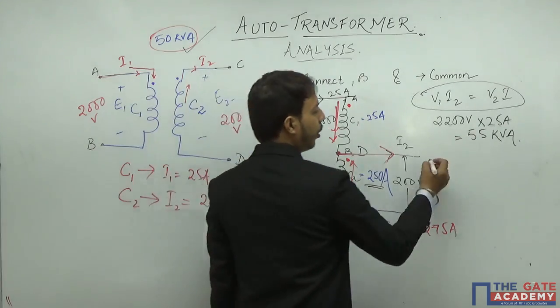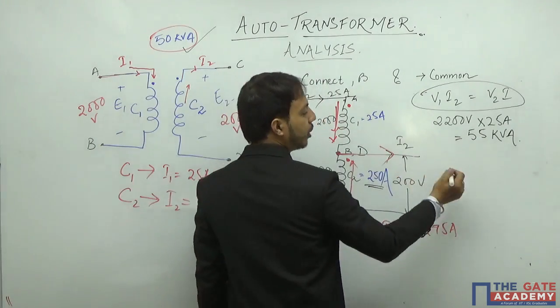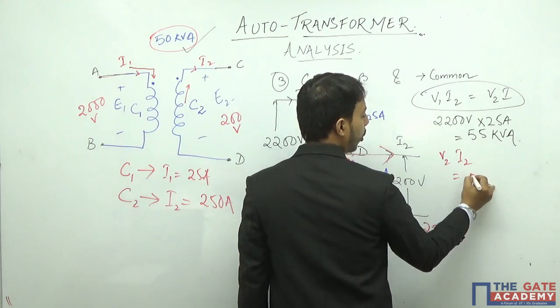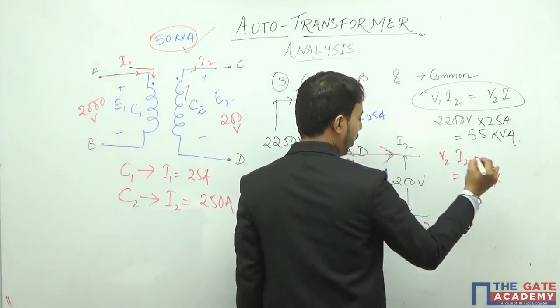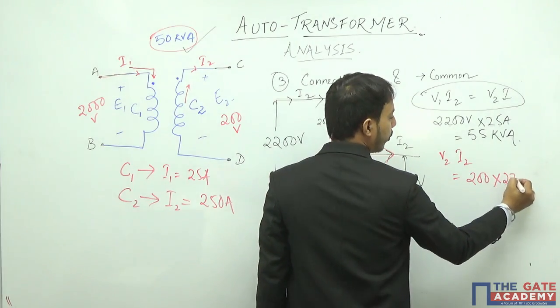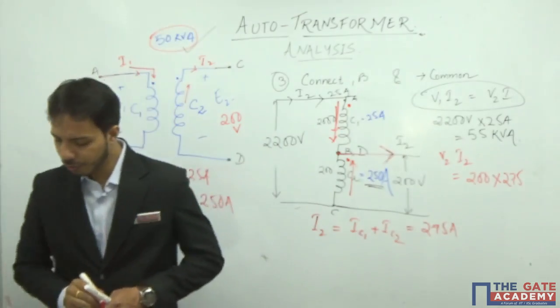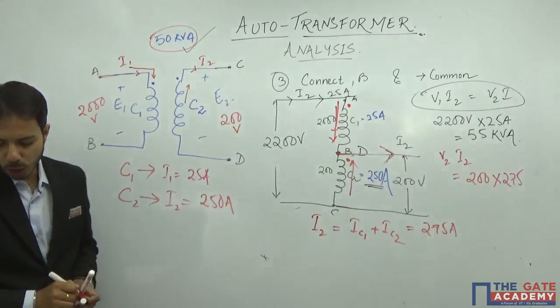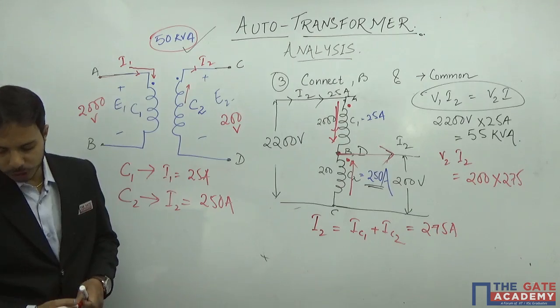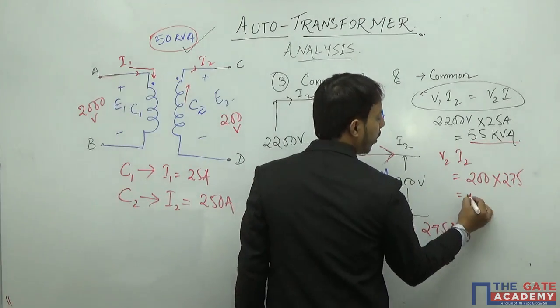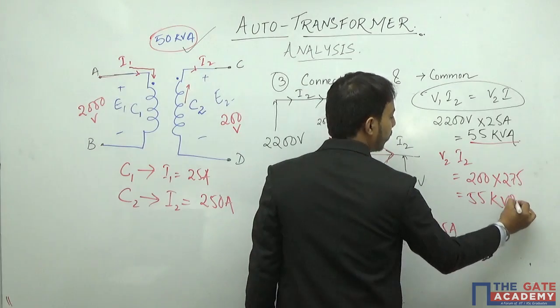Now the output voltage V2 is 200. So V2 I2 will be 200 into 275. If you multiply 200 into 275, you will get the same 55 kVA.